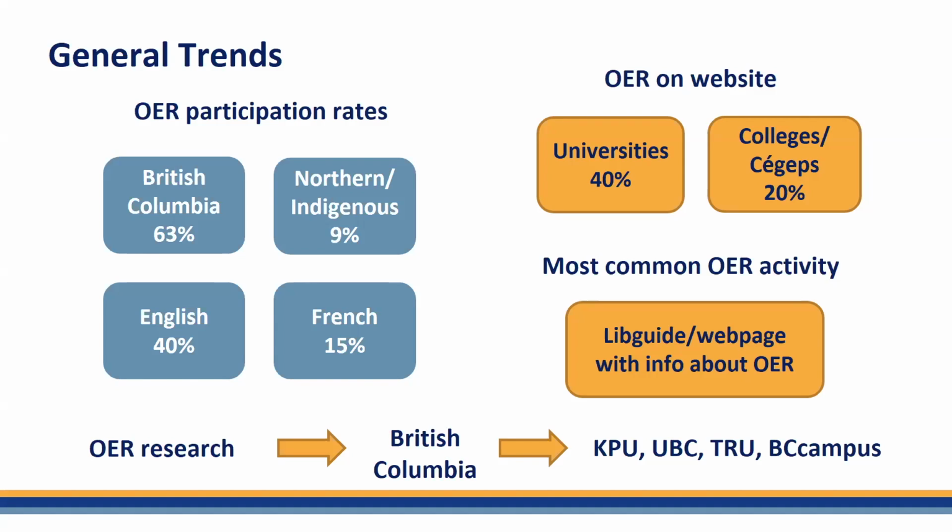And in terms of the research being conducted in Canada about the impact of OER, British Columbia is leading the way. Specifically, among the institutions and organizations most active in OER research, there's Kwantlen, UBC, Thompson Rivers, and BC Campus. And then outside of British Columbia, there's also Athabasca, Mount Royal, University of Saskatchewan, and eCampus Ontario.